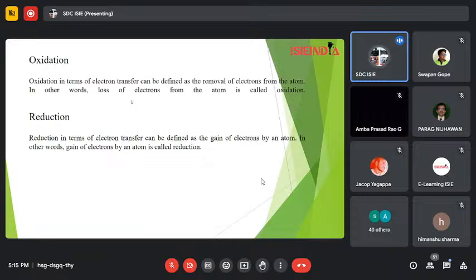And vice versa, whenever the atom gains an electron, it is called reduction. It sounds confusing because someone might think reduction means reducing the number of atoms, but it's different. Reduction means gain of electrons, and oxidation means loss of electrons.